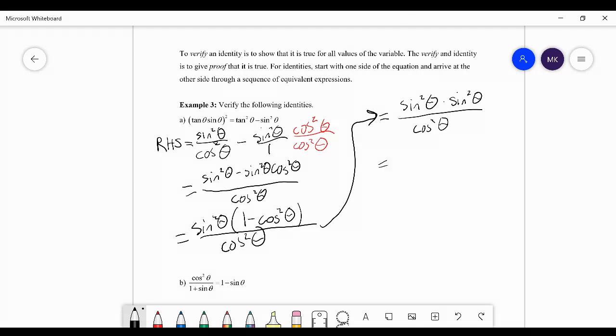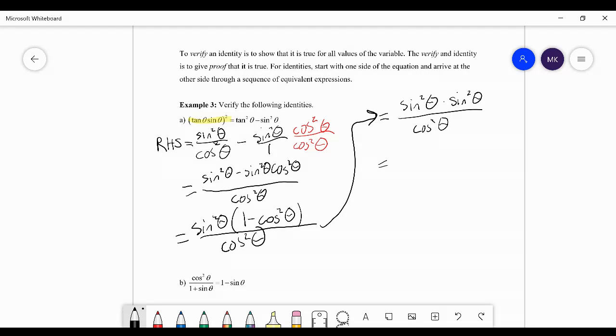Now, you may be wondering why I didn't combine those sines to say sine to the fourth theta. The reason is that I don't want to just simplify this. What I want is to get to this left-hand side here. I want it to look like tangent theta sine theta squared. So when I'm looking at what I've got, I can see it now. When I have a product over a single thing like this, I can take this cosine squared theta and put it underneath either one of these two things.